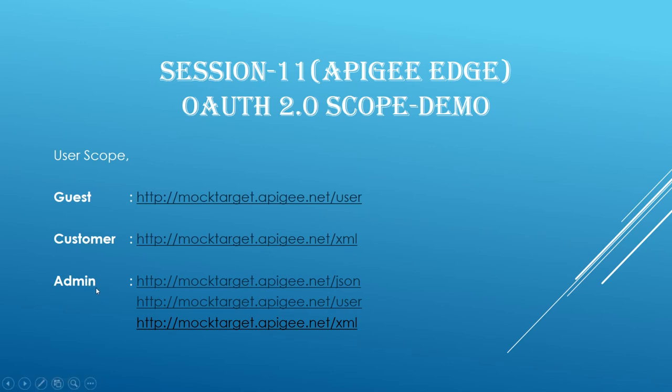On the other hand, if the user has admin scope, then we should allow access to all these three endpoints. We will see how to verify the access token with scope and how to allow access to these endpoints in our next video session.